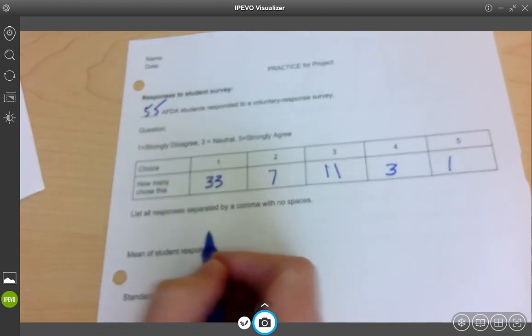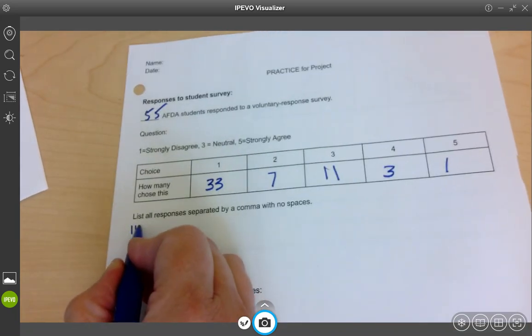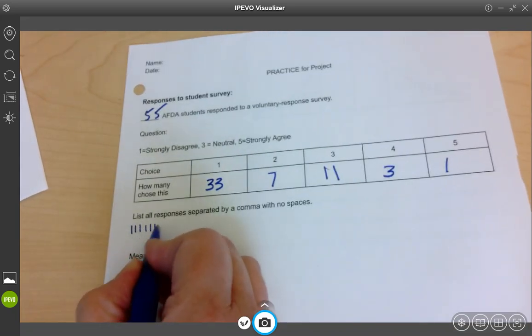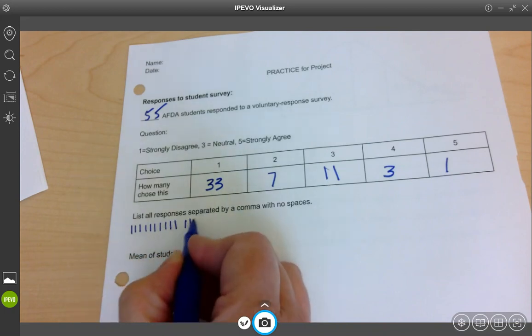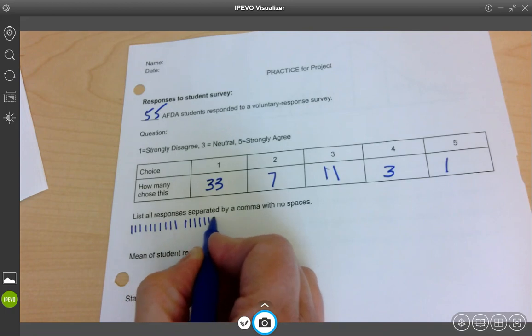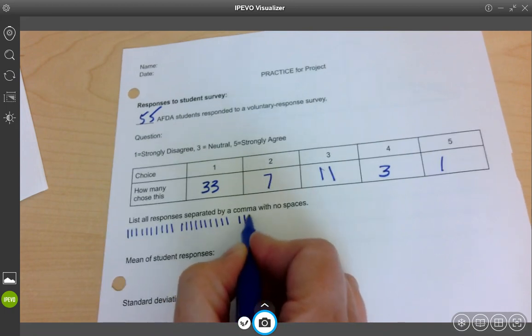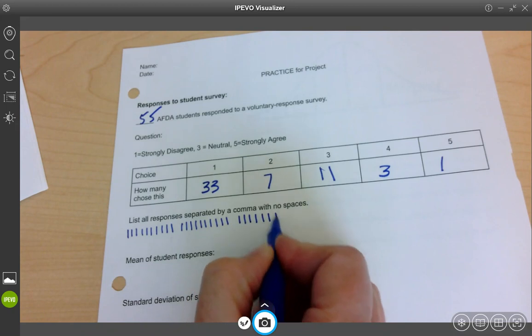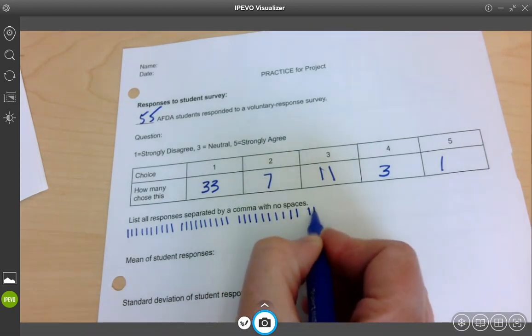So I'm going to write 33 1s. I think I'm going to group them in 10s. 1 2 3 4 5 6 7 8 9 10. 1 2 3 4 5 6 7 8 9 10. 1 2 3 4 5 6 7 8 9 10. Then 1 2 3.